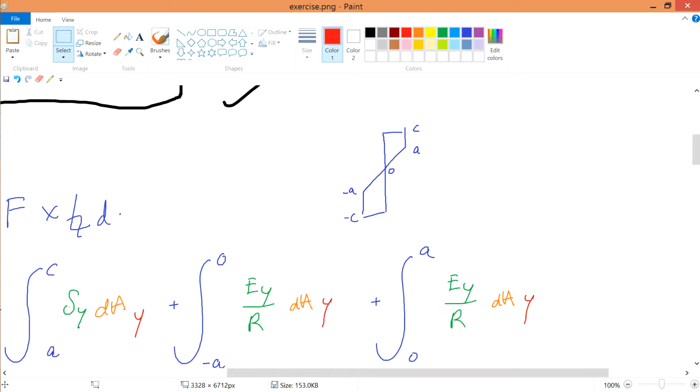As for 0 to A, or minus A to 0, this is the elastic region, and in that elastic region we know the stress is EY over R. So I'll simply sub in EY over R first, and the EY over R is for the 0 to A region.